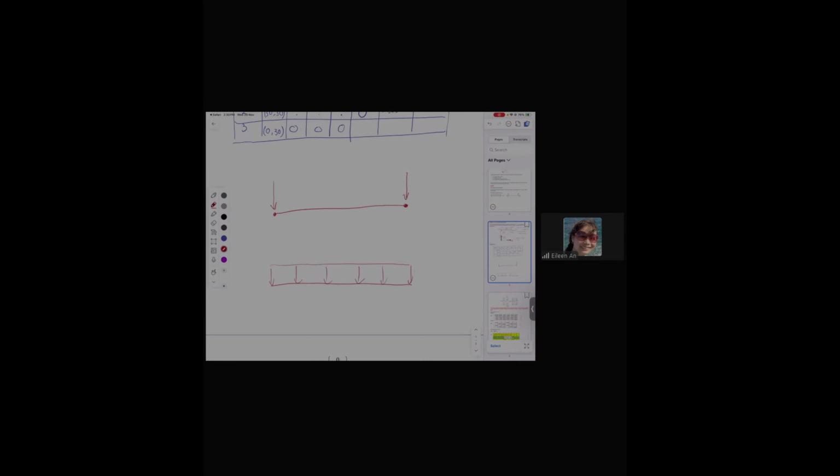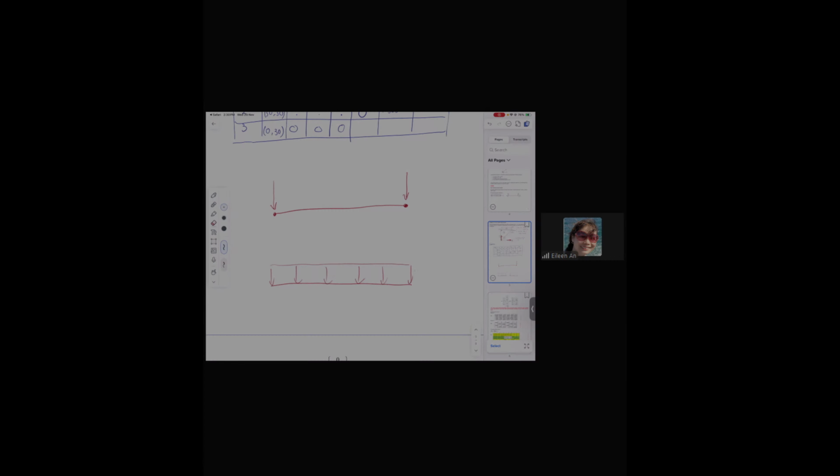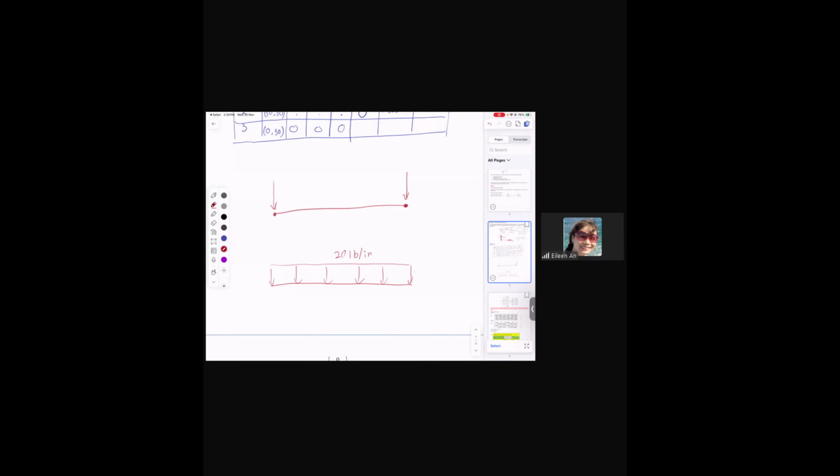So this force is say 20 pounds per inch, and the total length 30 inch. So we have 300 pound force here and another 300 force. But if we look at those 2 beams, they have different deformation modes, right? This one remains a straight beam. This one bends. So we have to make adjustments.